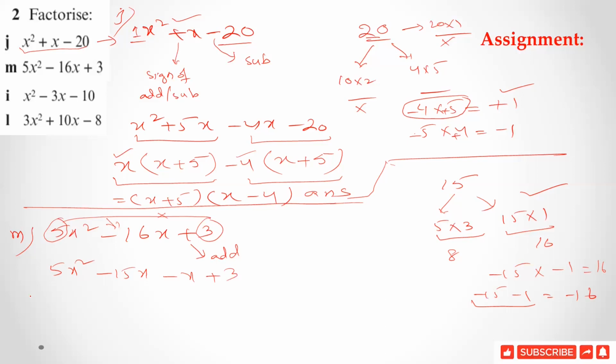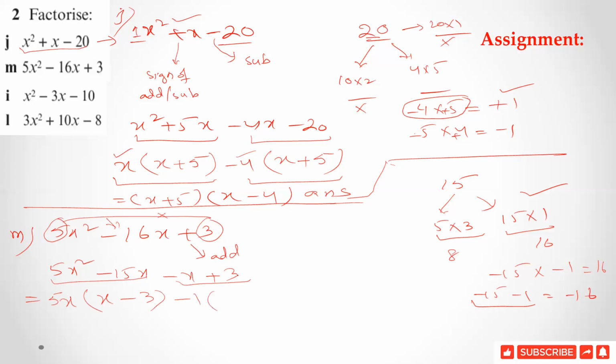So now we can again take common from these two terms. I know 5, when I take the table of 5, 5 times 3 is 15. So I take 5 as common. And here are 2 x's and here 1 x. So I take x common. And I'm left here with x minus 3. Now I take -1 common from these two terms.